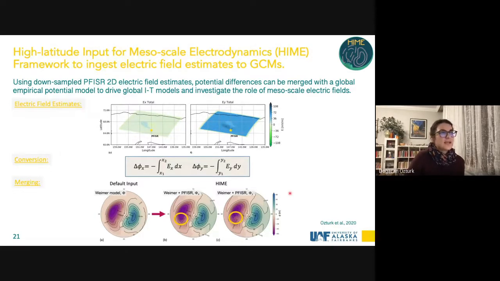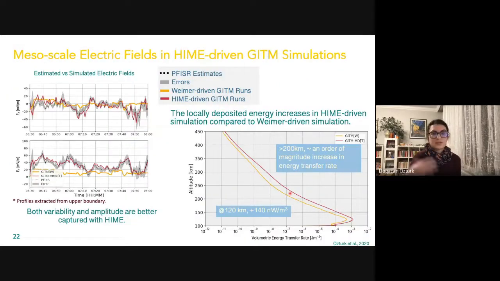But then we can run the general circulation models. Here we use the University of Michigan's Global Ionosphere Thermosphere Model with the HAO driven versus Weimer driven runs. Here you can see the same EX and EY components for electric field over 1 hour, like 90 minutes basically.